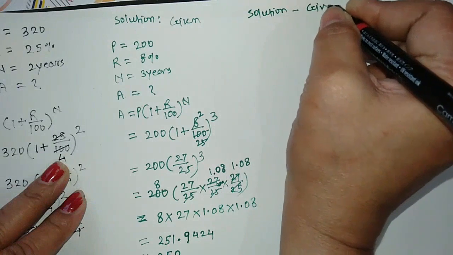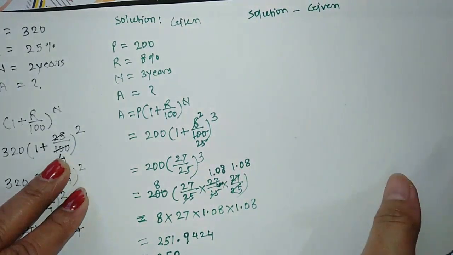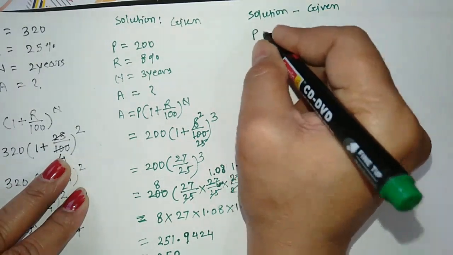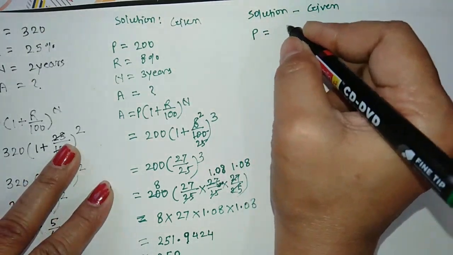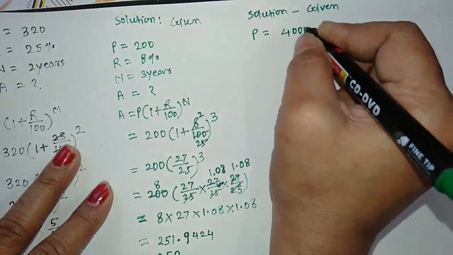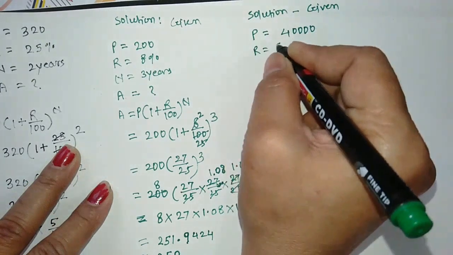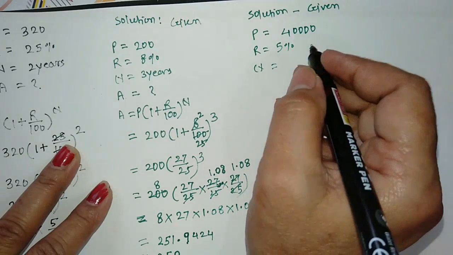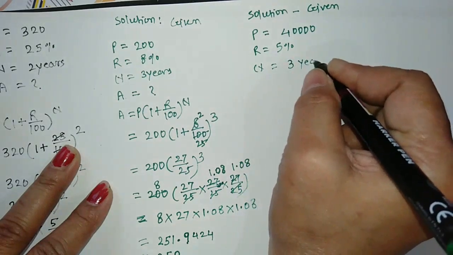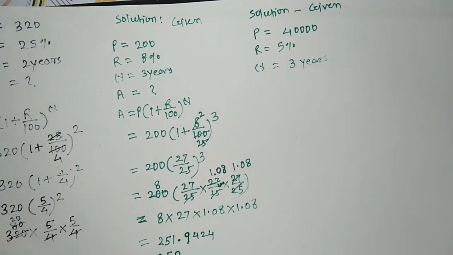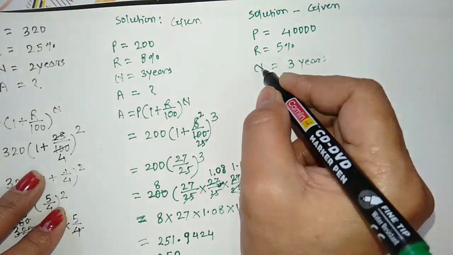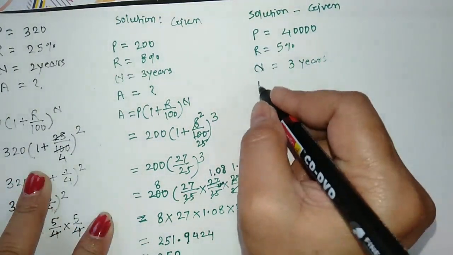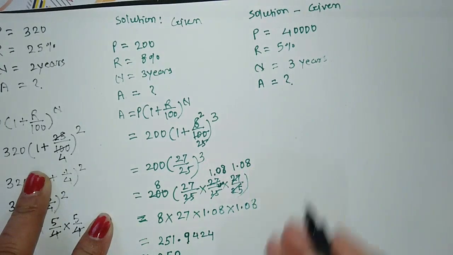Firstly write down the given things. Given P is equal to 40,000 trees, R is equal to 5%, N is equal to 3 years. So here we calculate the number of trees after 3 years. So A equal to question mark.